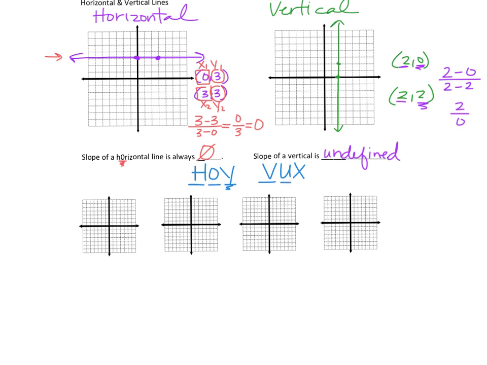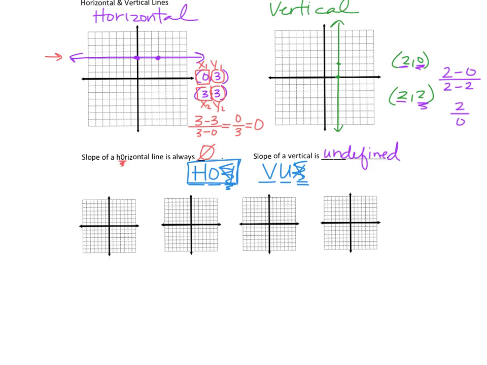Vertical lines have an undefined slope and they are x equals some number for the equation of the line. So you're welcome to use this. We're not really using the y and the x part of it. But if you want to use that to help you remember horizontal is 0 and vertical is undefined, you can.